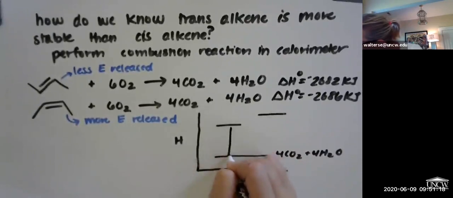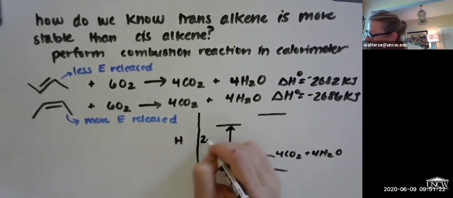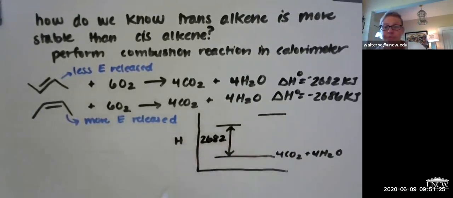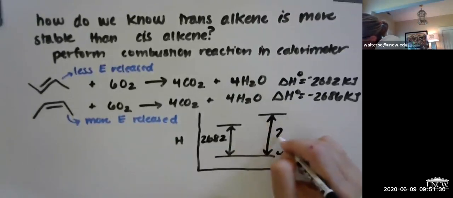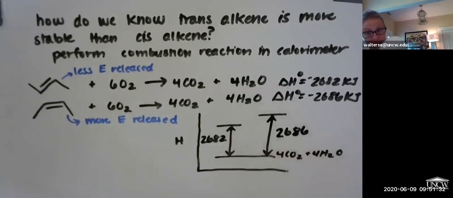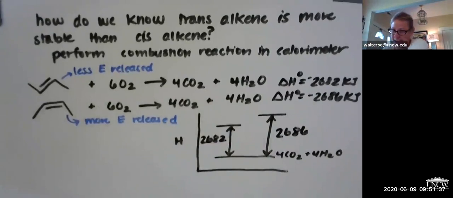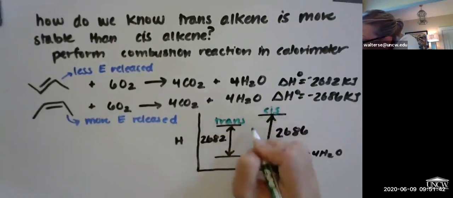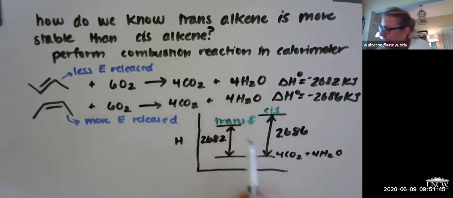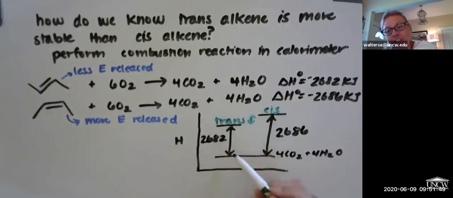So this difference here as an absolute value is 2682. This difference here is 2686. So if we write down the reactants, trans versus cis, you can see that this difference here is the stability. Trans is more stable than cis because less energy is released in the combustion reaction.